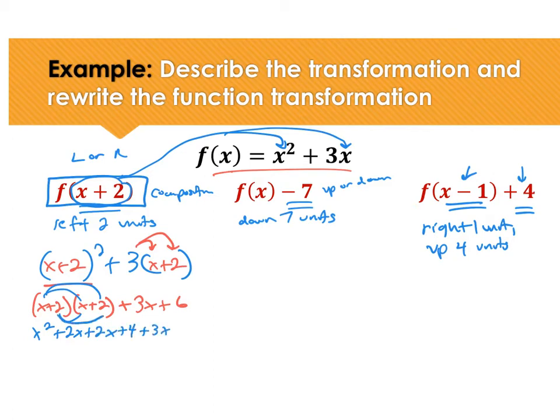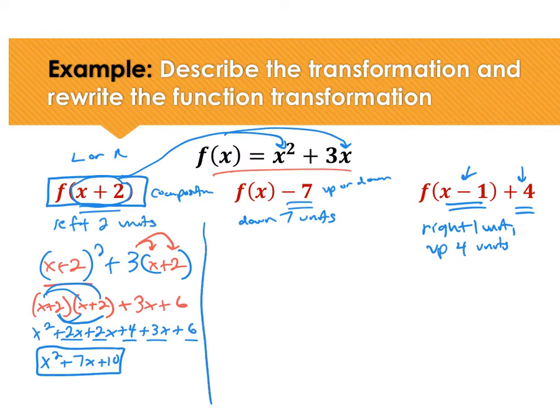And then we still have the 3x plus 6 on the outside. If I collect like terms, there are no other x squareds, but all the x's, 2 plus another 2 plus 3 of them gives me positive 7x. And 4 and 6 become positive 10. And so that would be my final answer there.